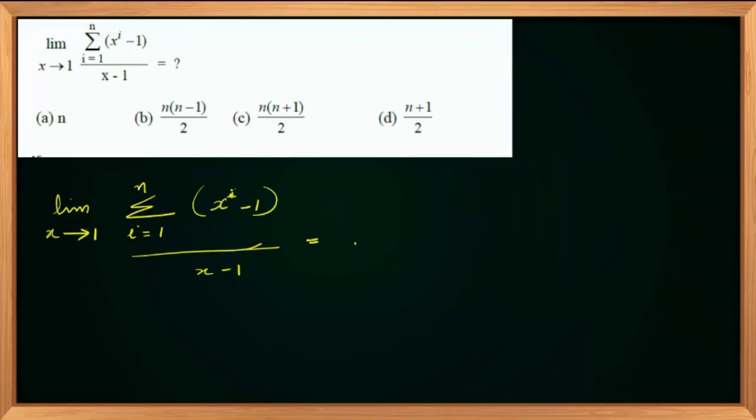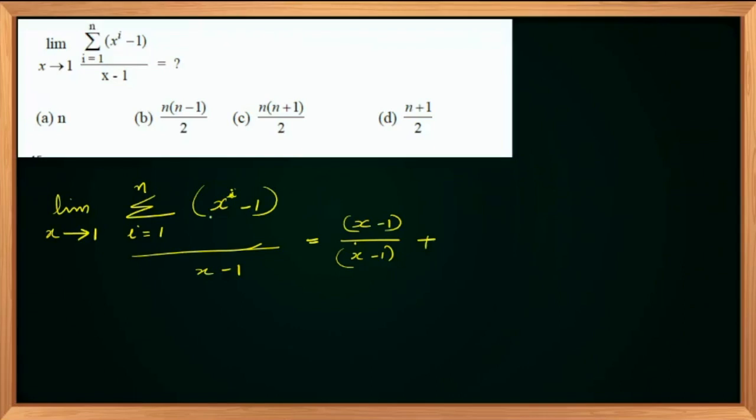When I put i equal to 1, that will be (x - 1) divided by (x - 1), correct? This is a common term, so I can put x - 1 in the denominator of each term.